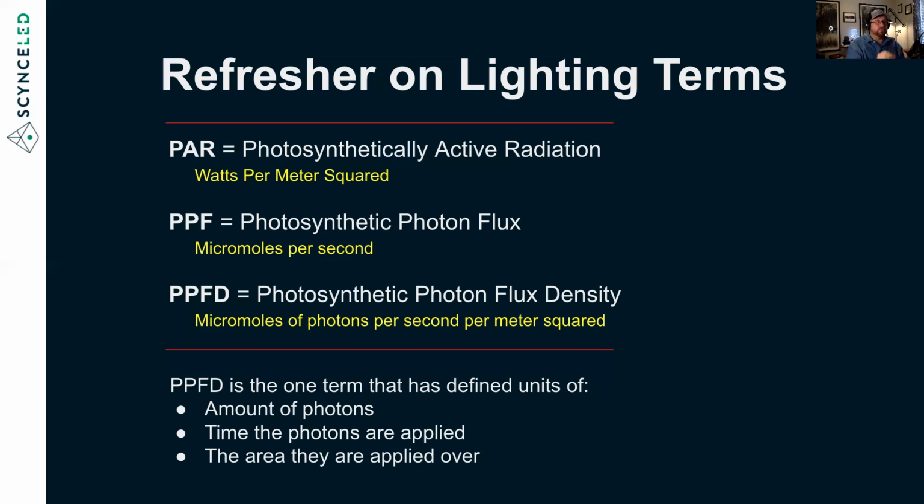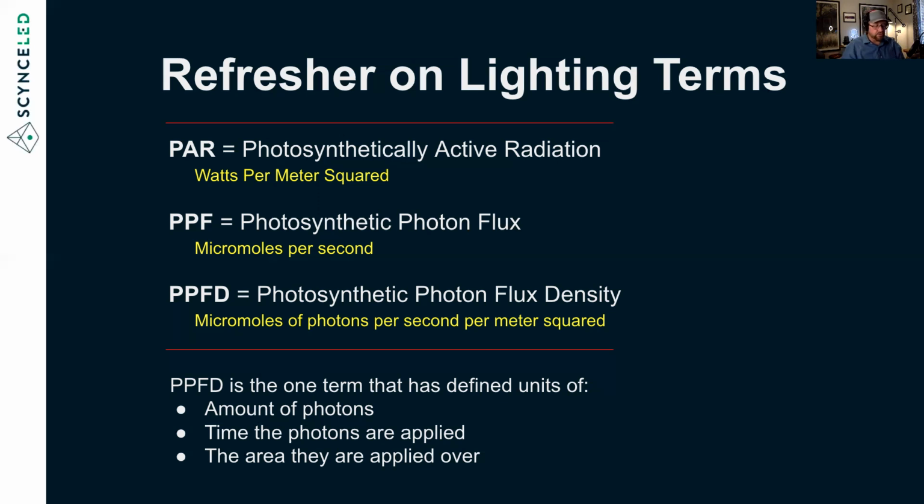So you get micromoles of photons per second per meter squared. Why is that important? Well, per meter squared brings in the area that you're lighting, how much table you're lighting. So it's a really important term and really important to delineate that PPFD from PPF.